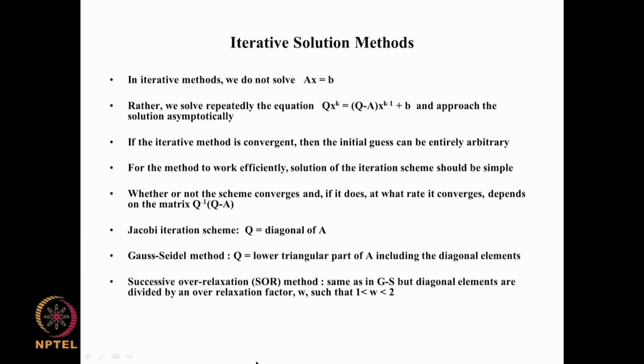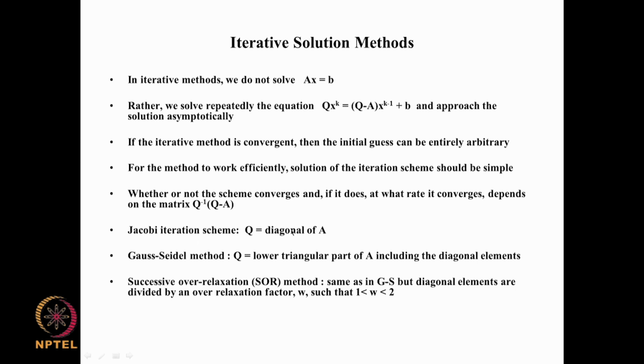So Q is a matrix with as many elements as A, but only the diagonal elements are non-zero, and all the diagonal elements of Q are equal to the diagonal elements of A. So there is not much needed to find Q. It is just to select the diagonal elements of A and put them into matrix Q. In that sense, the first idea that it should be easy to construct Q is a condition which is satisfied in the Jacobi iteration method.